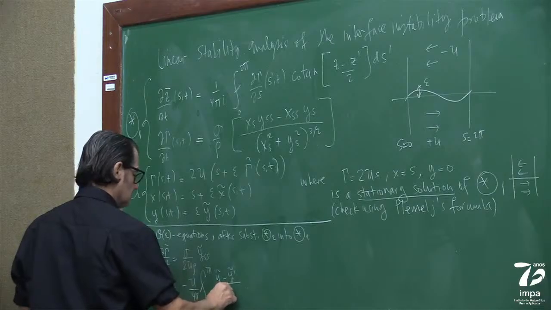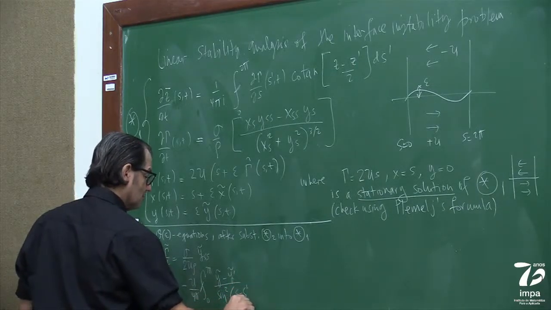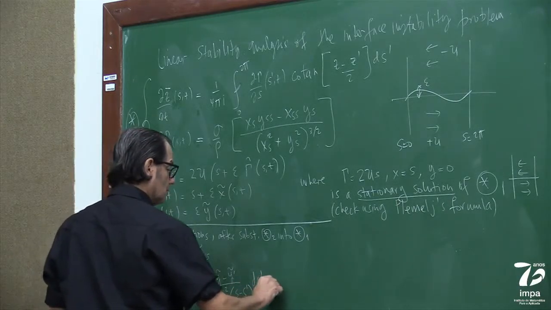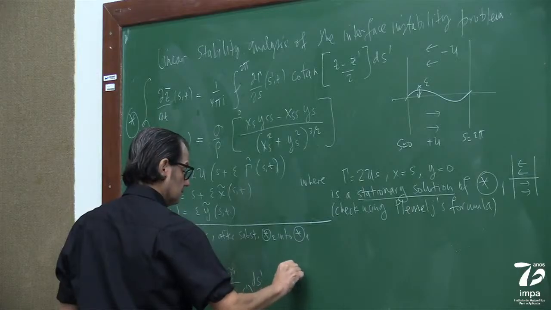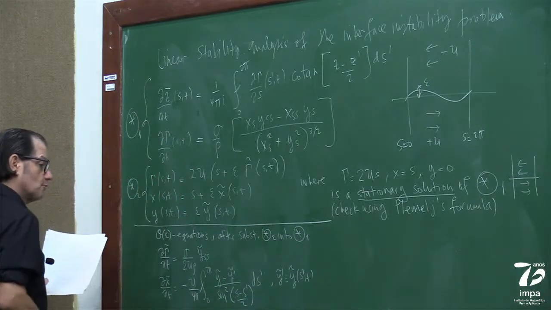I'm figuring out here a way to write this in a simplified form so that we can save some time. So where the prime comes from s prime.